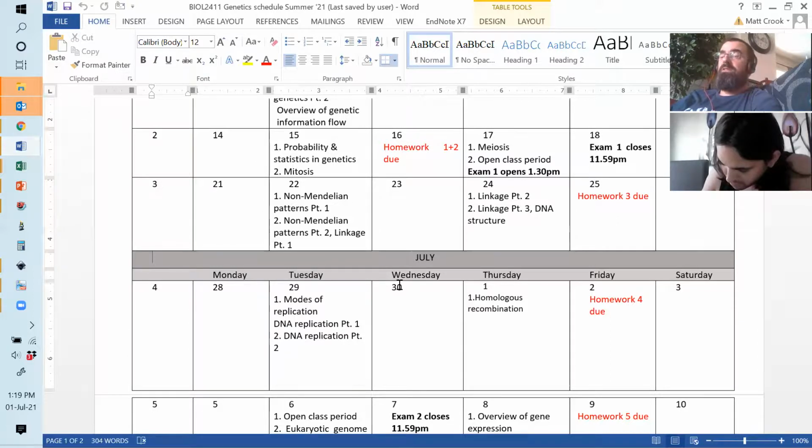And the next section, section 3 and 4, will be much more molecular biology based. We're going to move away from the inheritance genetics, or transmission genetics, I guess, more into the molecular genetics.